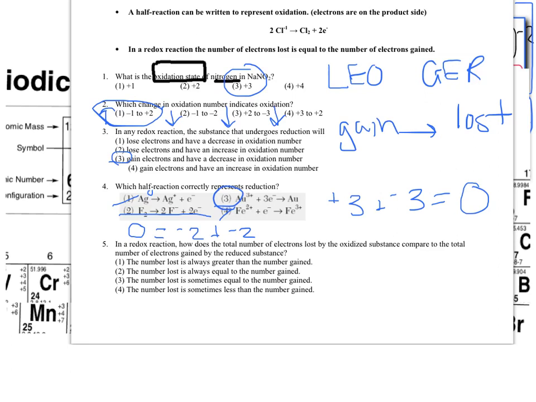It's always conserved, meaning that the mass of a reaction when we start is always equal to the mass of a reaction when we complete it. Same goes for energy and electrons. So we must always have an equal number of both gained and lost. Remember, when we look back in choice 4, we assured that that happened because the total charges were the same on both sides. 0 equaled 0.